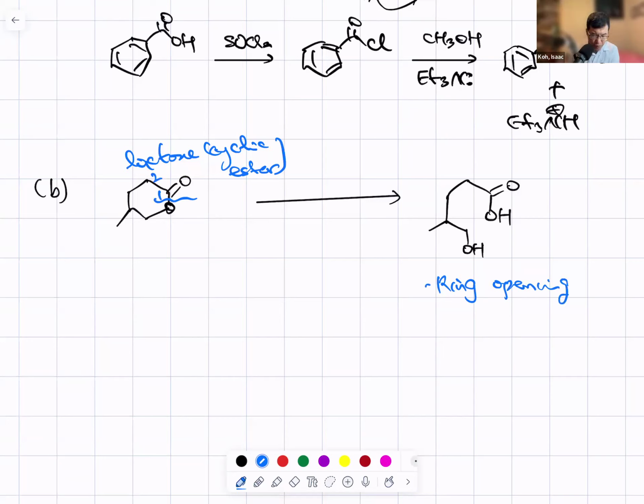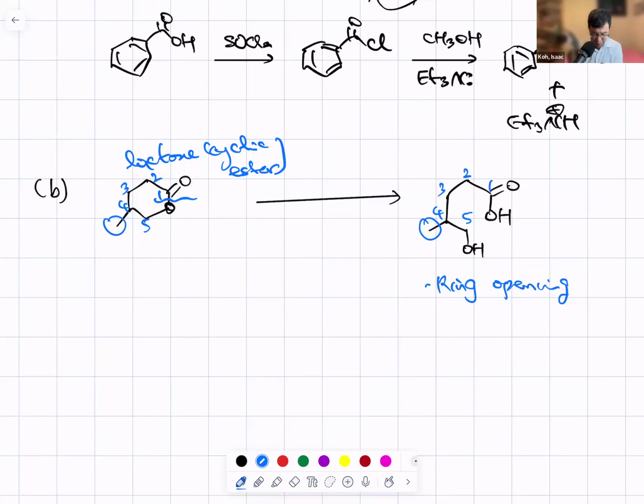So 1, 2, 3, 4, 5. 1, 2, 3, 4, 5. And the methyl group right there. The carbon skeleton doesn't change. Only a ring opening process, ester into carboxylic acid and an alcohol.